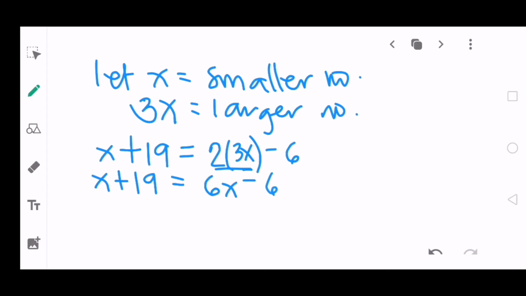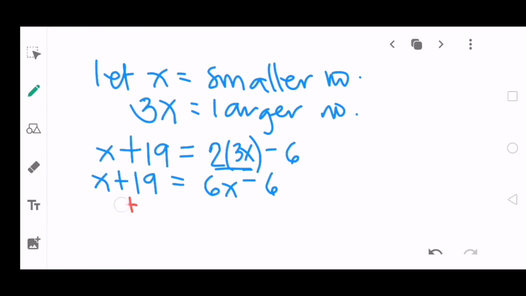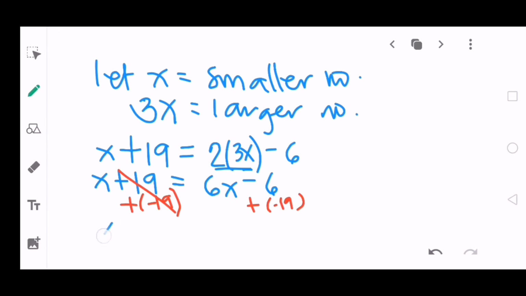And then, let us add negative 19 here to both sides, to eliminate the 19 here. So what we will have now is x is equal to 6x minus 6 plus negative 19.